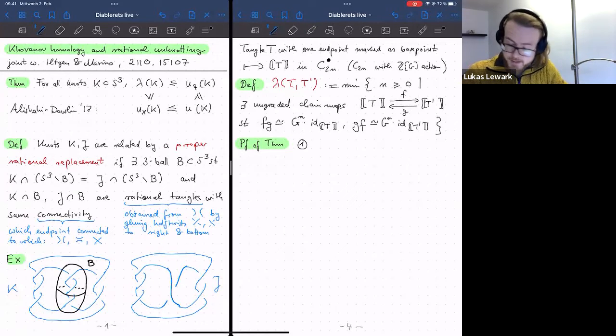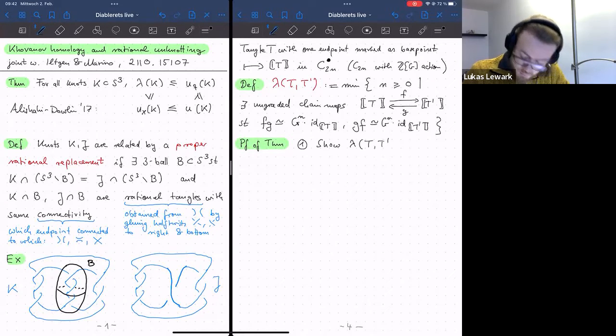So as a first step, we show that the lambda distance between 2 rational tangles with same connectivity is at most 1.